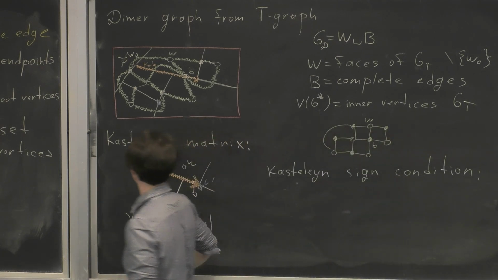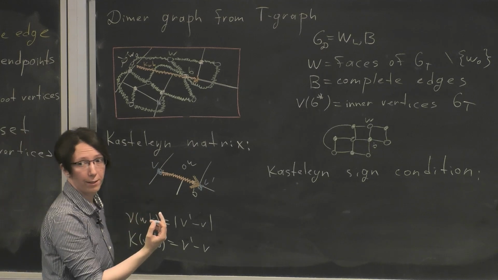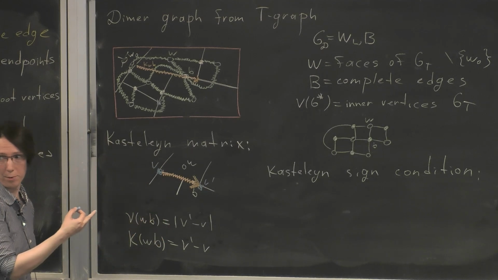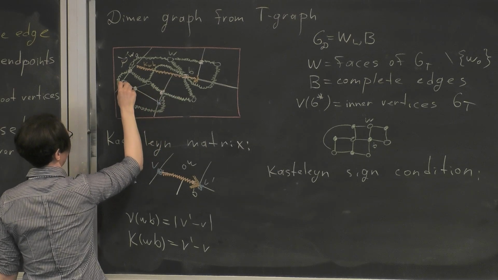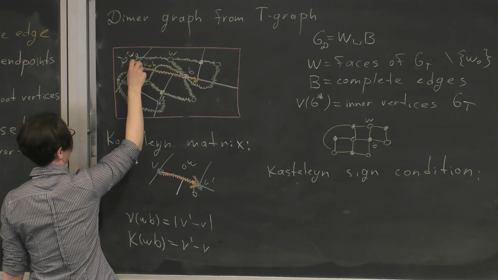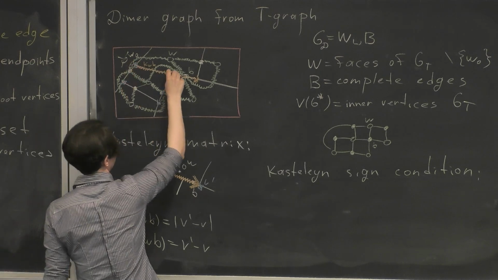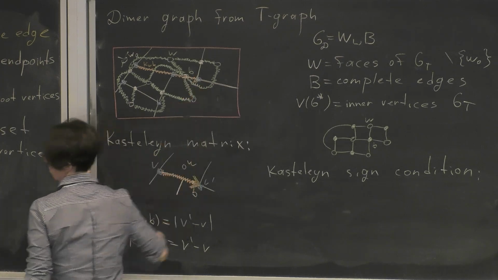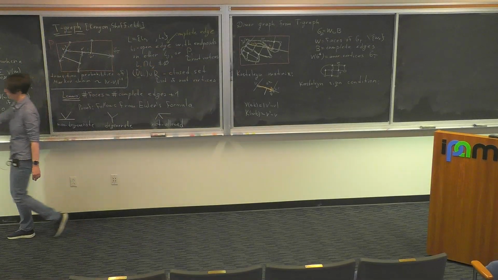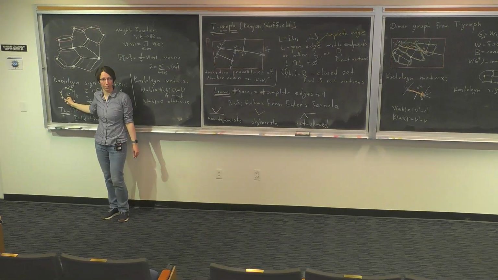To do this, yet again, recall that what are faces of the dimer graph? The faces of the dimer graph correspond to the vertices of the T graph, right? And the Kasteleyn sign condition is around each face, so we need to check that it holds around each vertex of the T graph.